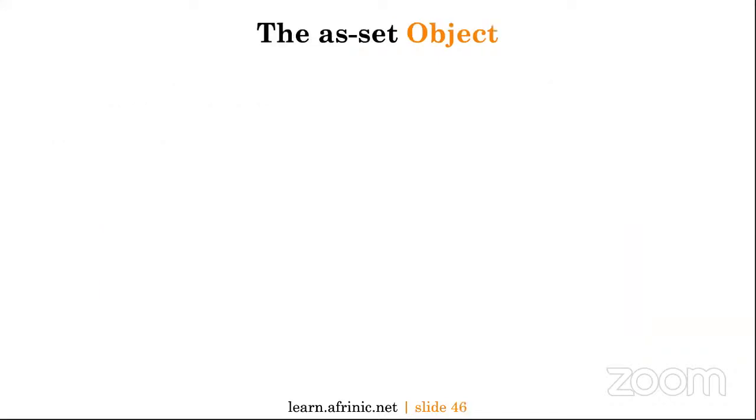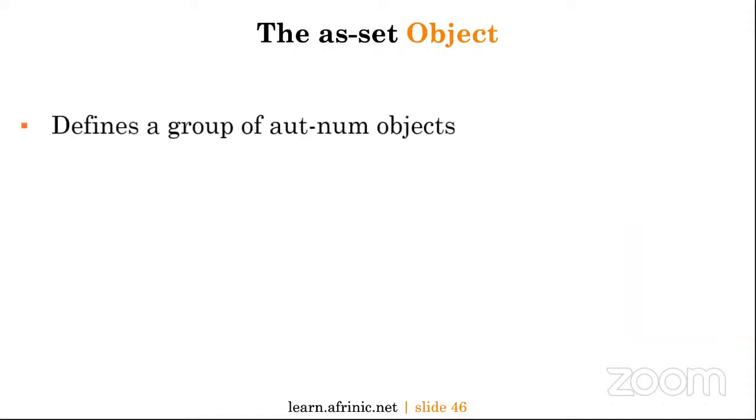So the as-set object, just like the name says, it's a set. It defines a group of aut-num objects. So maybe you have your service provider, you have a lot of downstream peers that connect to you that you provide transit to.